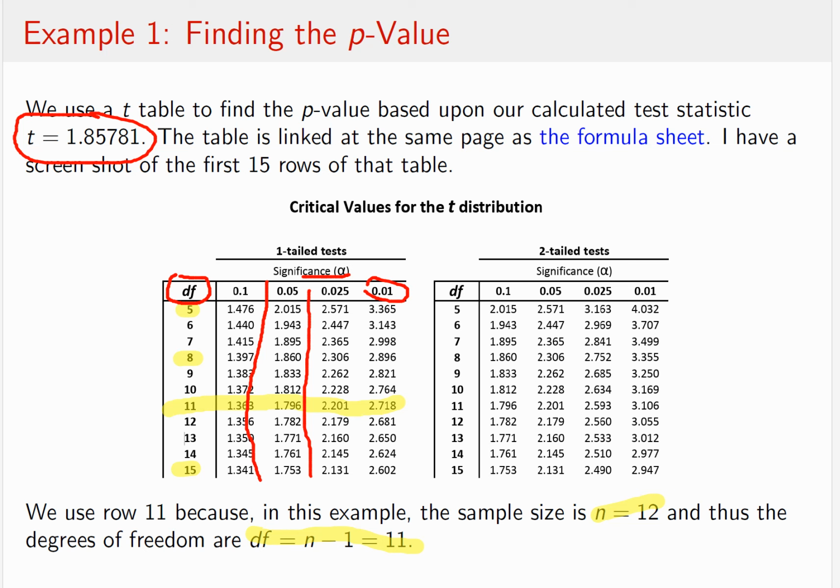And this is only part of the table, so there's lots of different rows to look at. But this particular question had 12 students, so degrees of freedom is 11. So what's the value we're looking for? 1.796. Let me get rid of the highlighting.